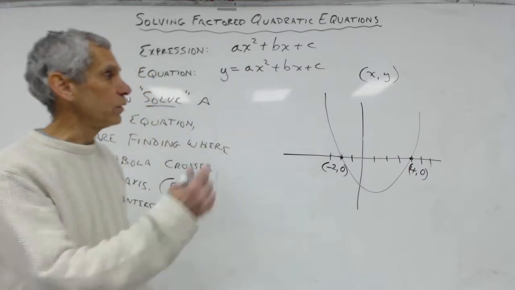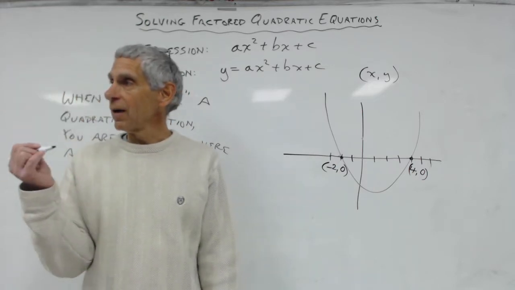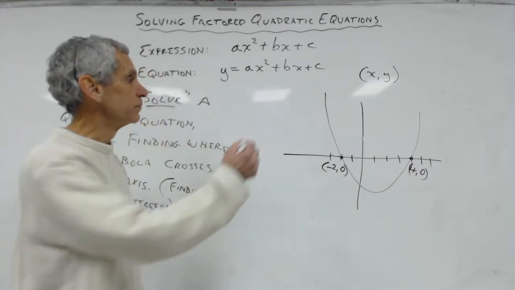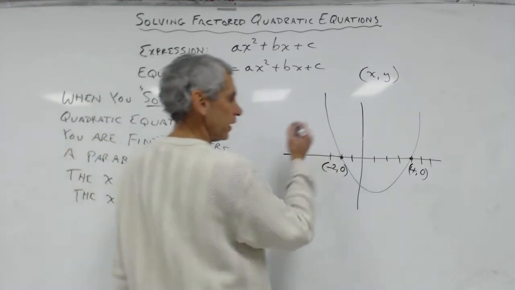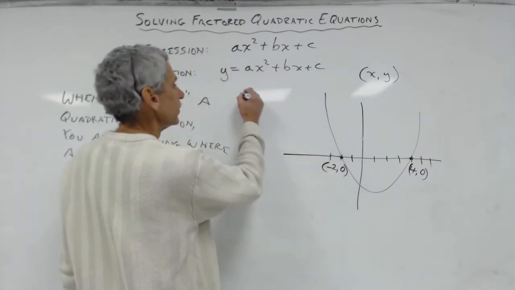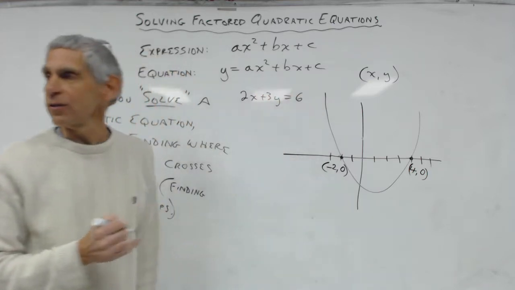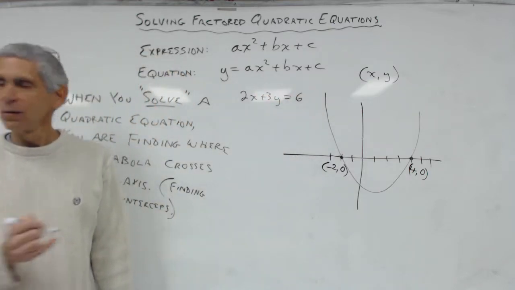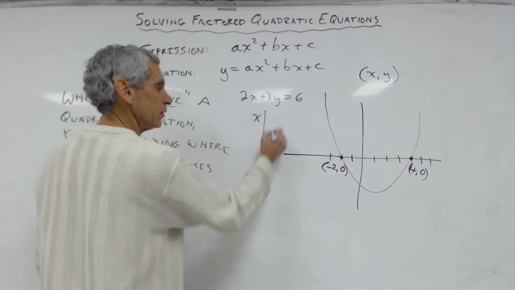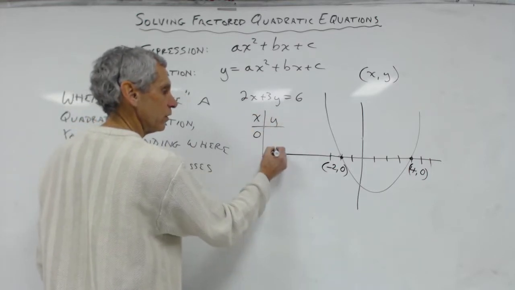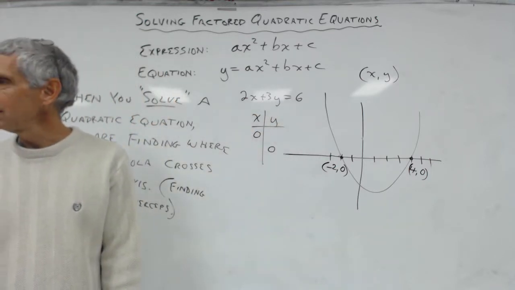You guys do this when we're graphing standard form equations. Remember when I give you an equation like 2x plus 3y equals 6, and I ask you to graph that? You do an x and a y, you have a 0 here and a 0 here, right?